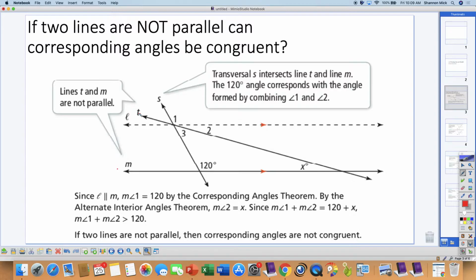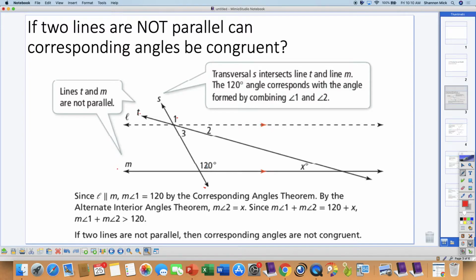So if I start looking at the corresponding angles and how that would work, well, let's see. Here's T and here's M, and this would be my transversal, correct? So that would mean angle 1 would have to be 120 degrees.